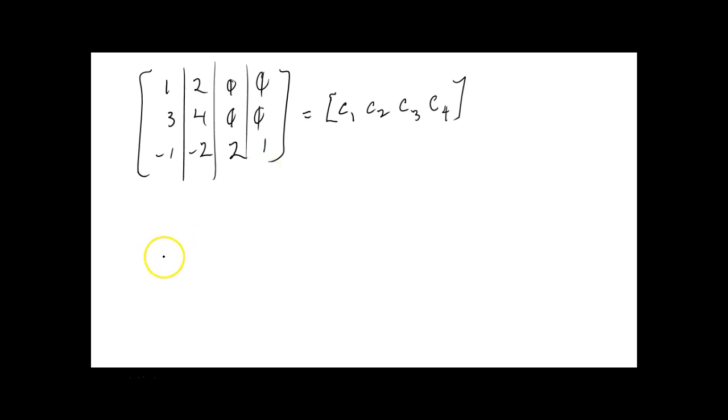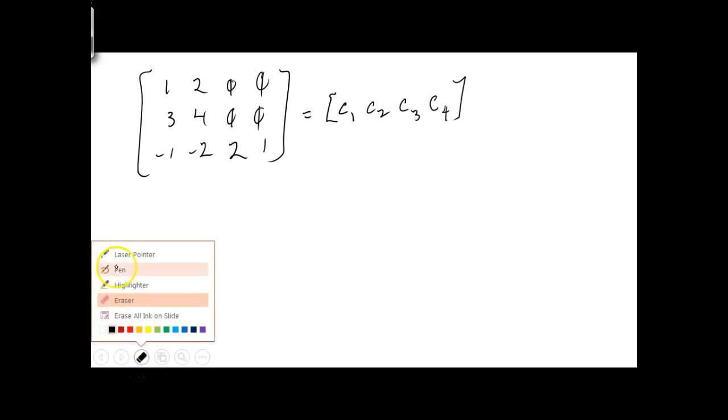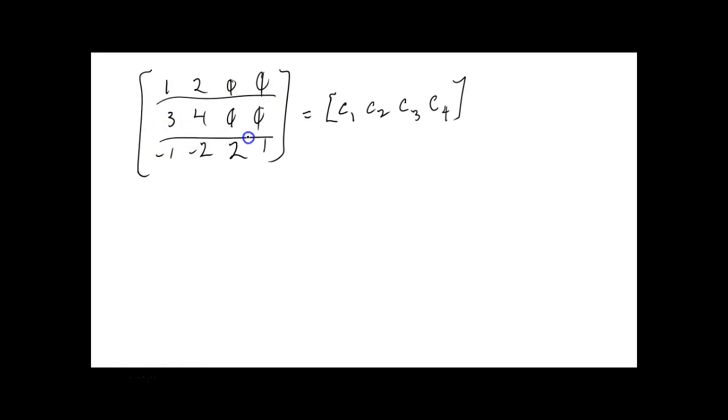Or you could partition it this way. I'm being really lazy here, so I don't have to rewrite them every time. And this would be by row partition, and that would be R1, R2, and R3.